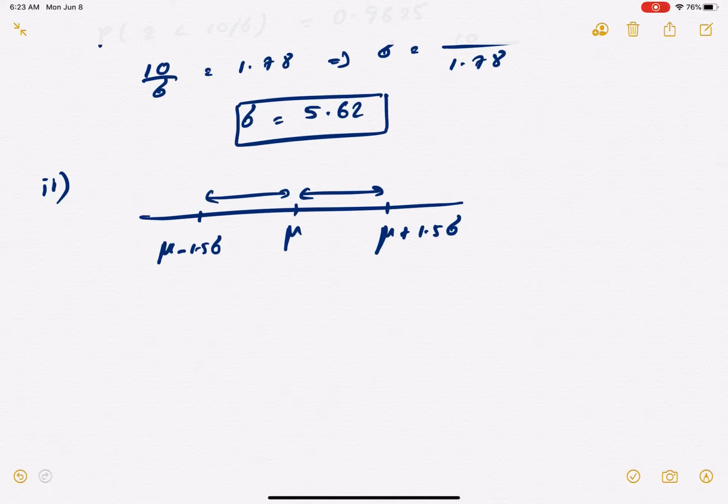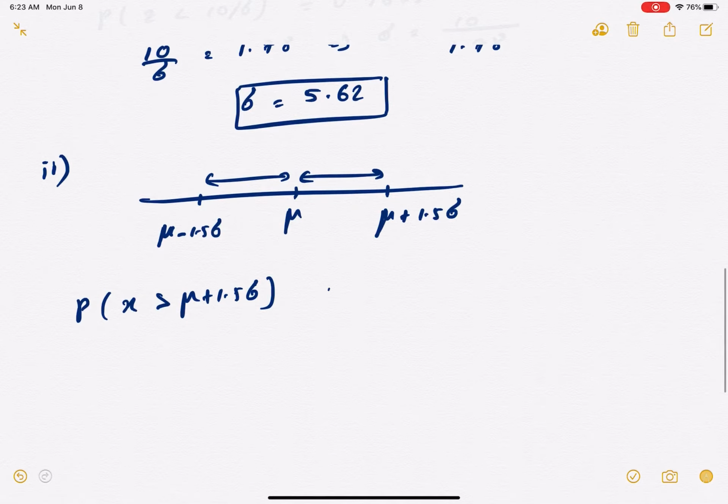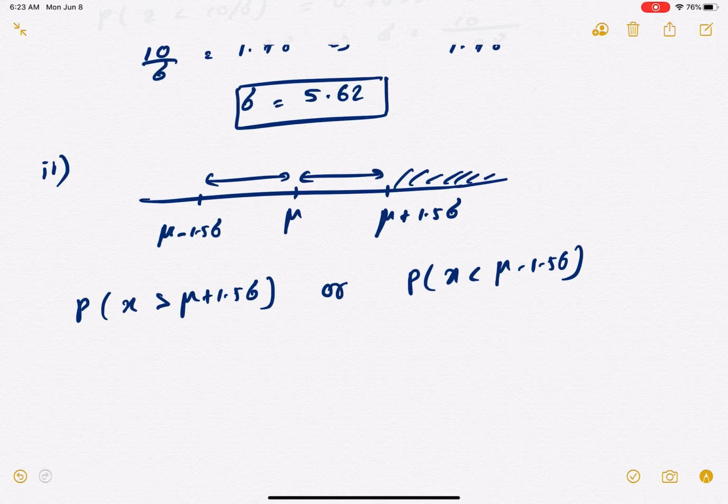So it should be probability of x greater than mu plus 1.5 sigma, or probability of x less than mu minus 1.5 sigma. It should be this region which is beyond mu plus 1.5 sigma, or else this region.